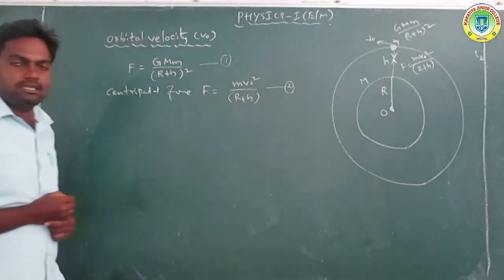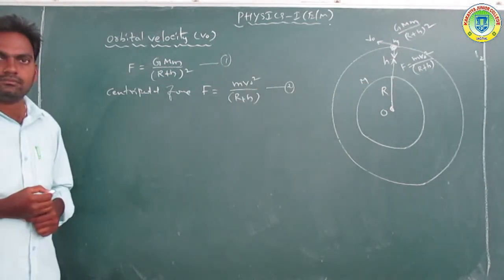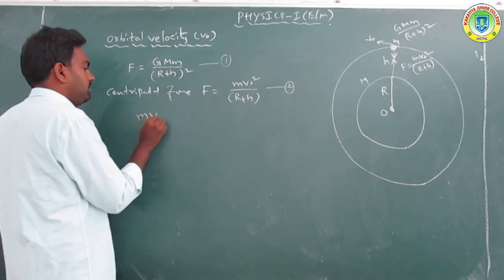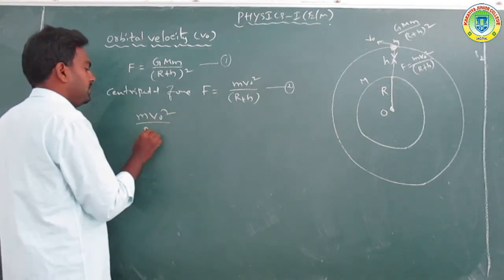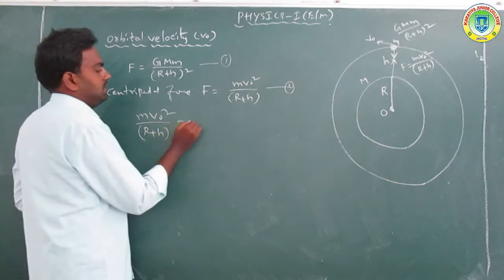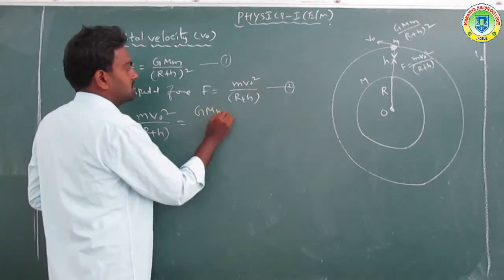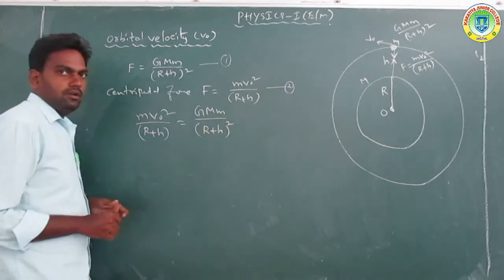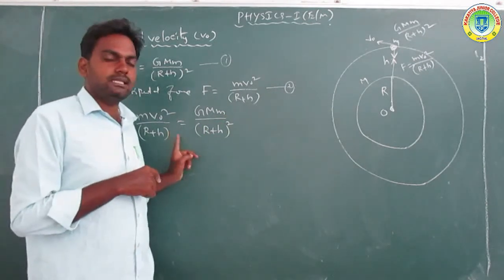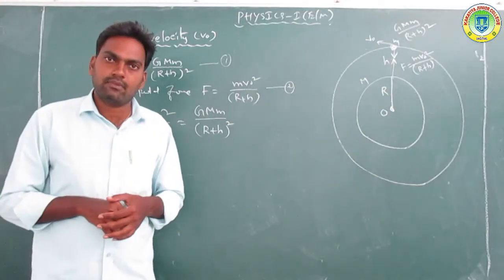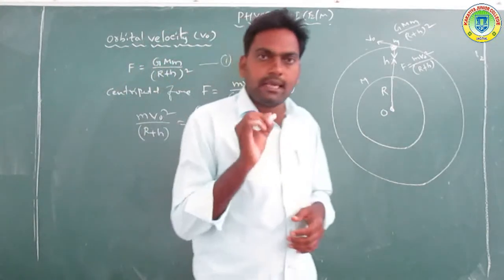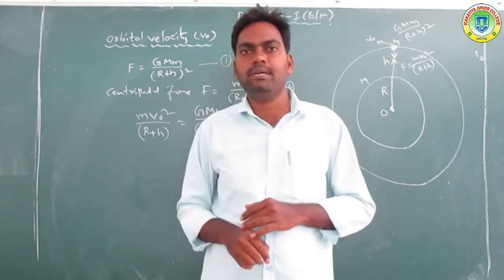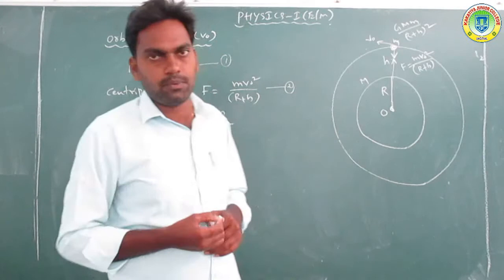Comparing these two equations, m v naught square by (R plus h) is equal to G capital M small m by (R plus h) whole square, because the satellite is continuously revolving in a circular orbit and these two forces are equal and opposite.